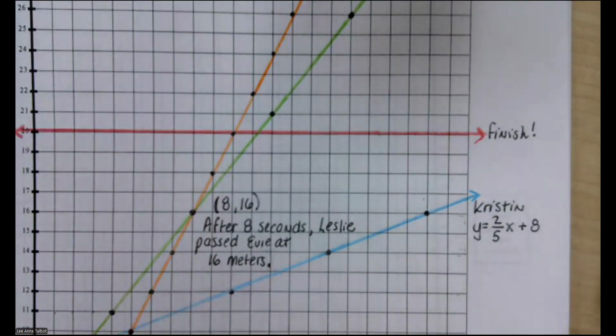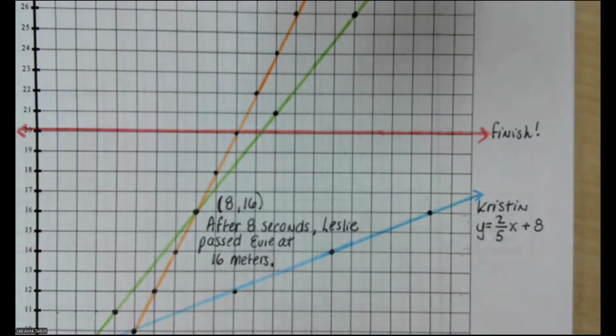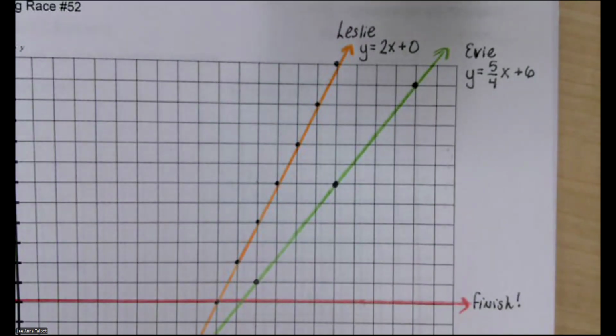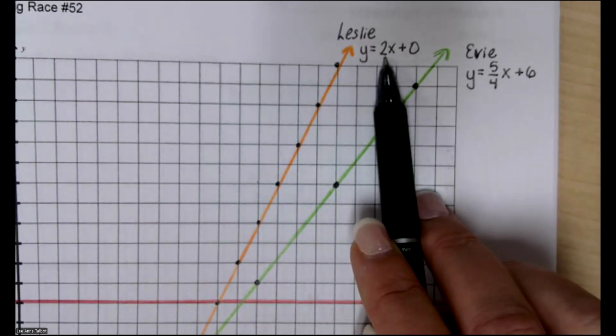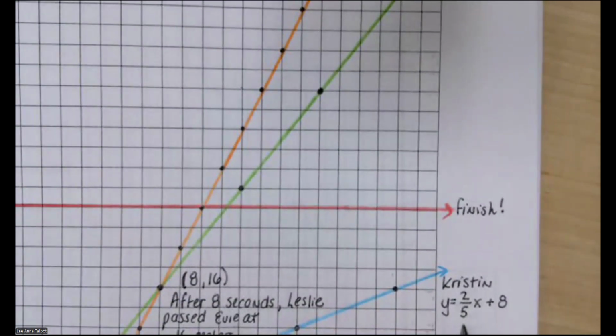Okay, so who won? Who crossed the finish line first? Leslie. And why does that make sense from her equation? Take a look at this number and this number and this number.